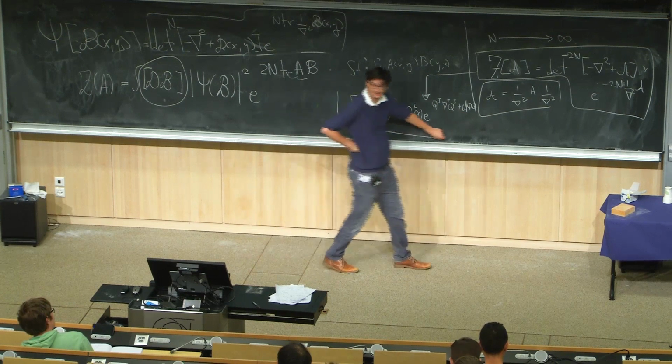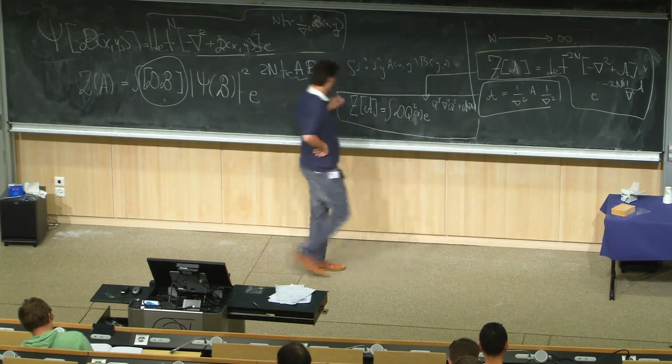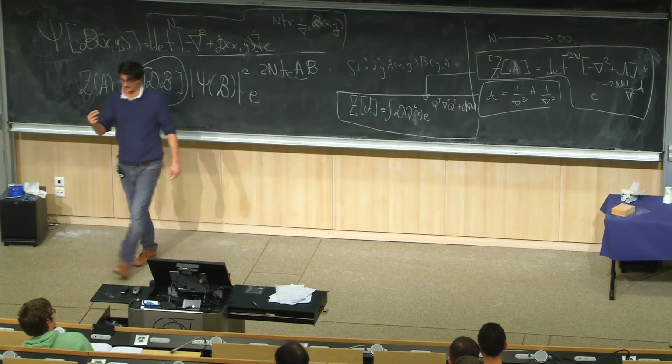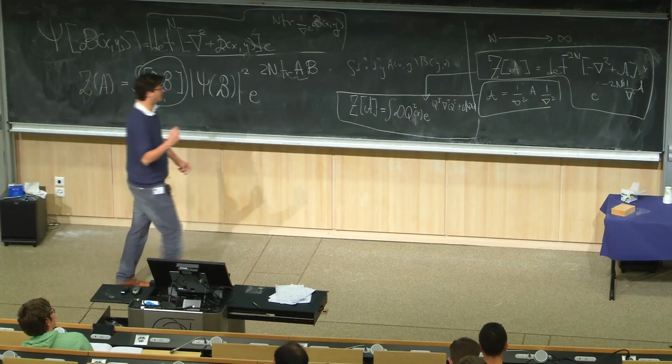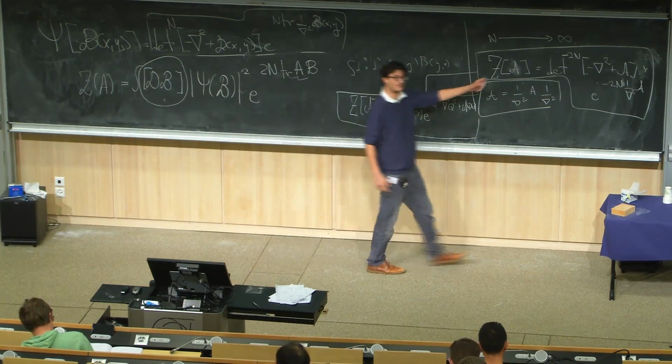And now, the measure of our bosonic theory does have n in it. So we have 2n bosons, because we have a 2n here, okay?